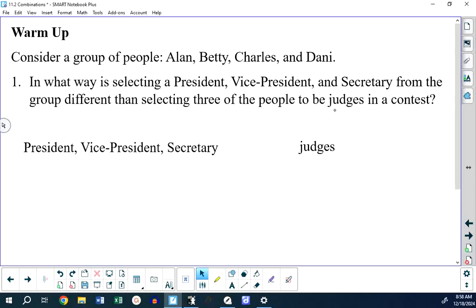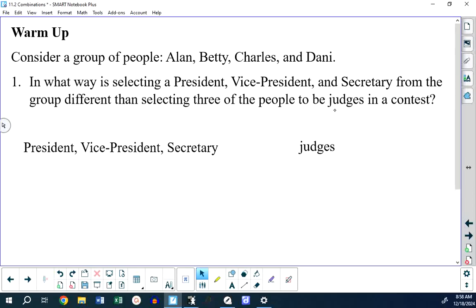Jeff? Instead of selecting like 3 different jobs, it's all working in one option. Right, the judges are all the same, right? So if I choose these 3 individuals as the judges, that's the only way I can choose these 3 people as the judges. If I have the judges sitting at a table in front of the performer, it doesn't matter where they sit, does it?